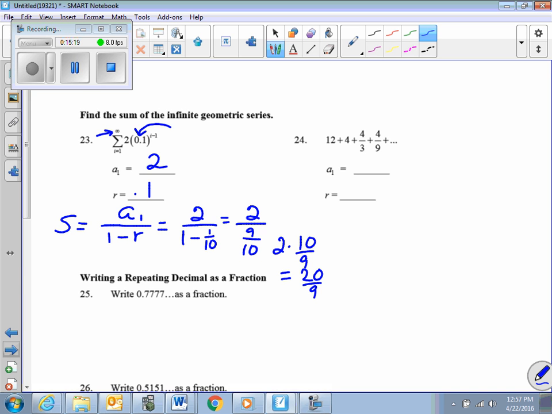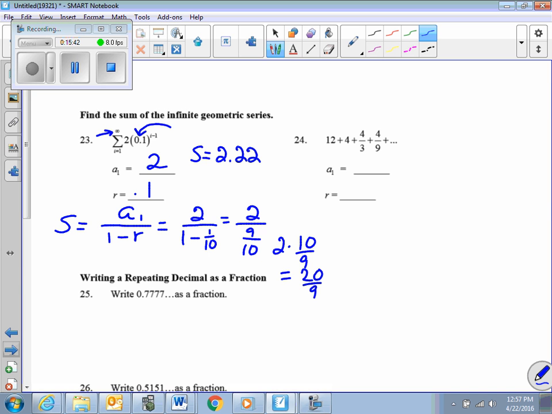And if I were to put that in decimal form, which is what I would want to do since my r term is given to me as a decimal, it's 2.22 and the 2 just keeps on going, so we'll just round it off right there. So I do get a sum when the absolute value of my r value is less than 1.